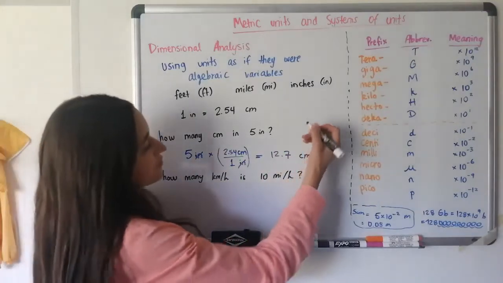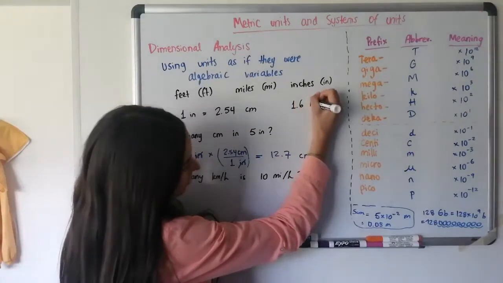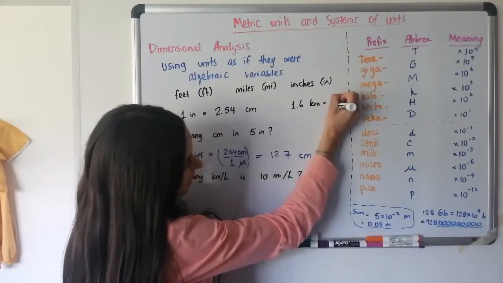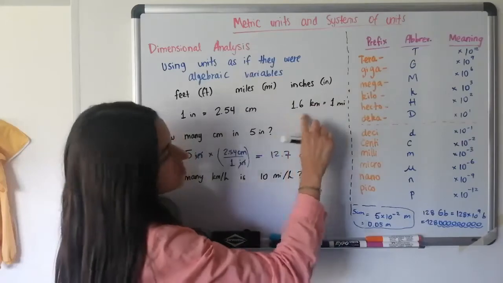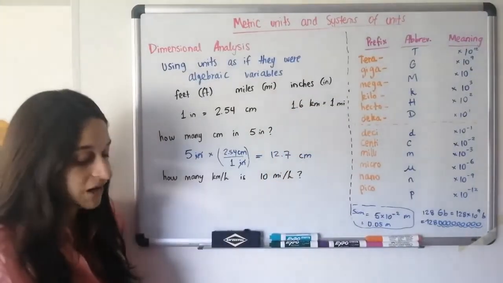So we need another conversion factor. And this one would be that there are 1.6 kilometers in 1 mile. So this is another equality or conversion factor, 1.6 kilometers per mile.